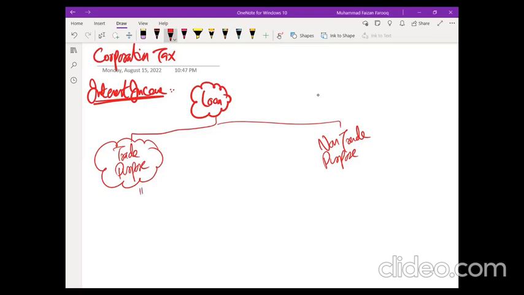The simple concept is, if you took a loan for trade purpose, you have to pay interest expense, right or wrong? And this will be an allowed expense from trading income.